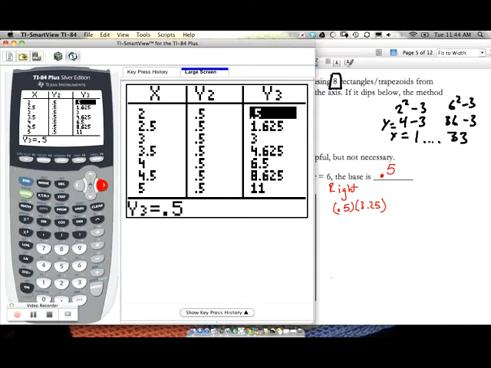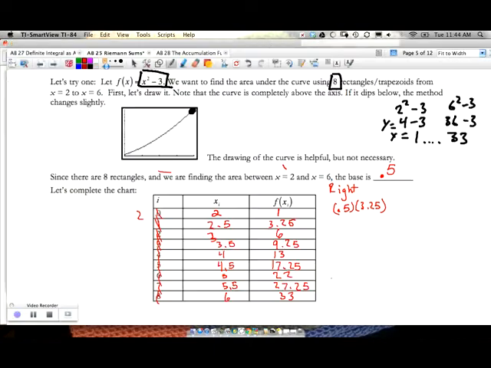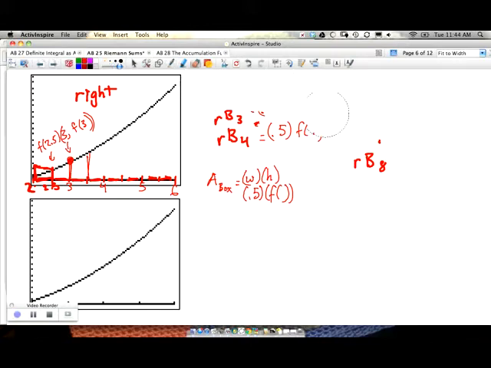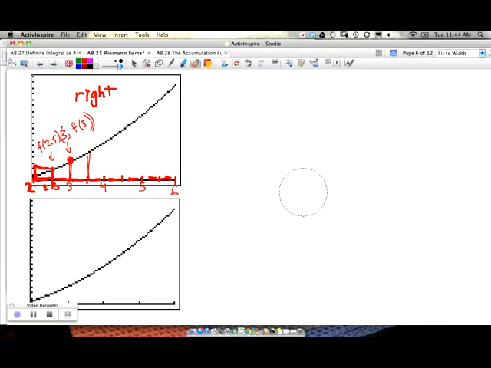So let's go ahead and take this, copy and paste it onto the new page, and then you guys can pause the video if you need to copy it down. So that's going to shortcut all the stuff that I was doing up here in red, so I can erase all that, because we're using our calculator here to shortcut things.